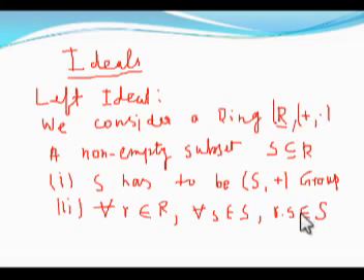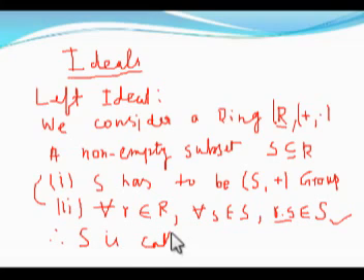So here we take the operation multiplication, and for all elements of R and S, their multiplication must belong to S. If S satisfies these two conditions, then since R is on the left side, S is called a left ideal of R.